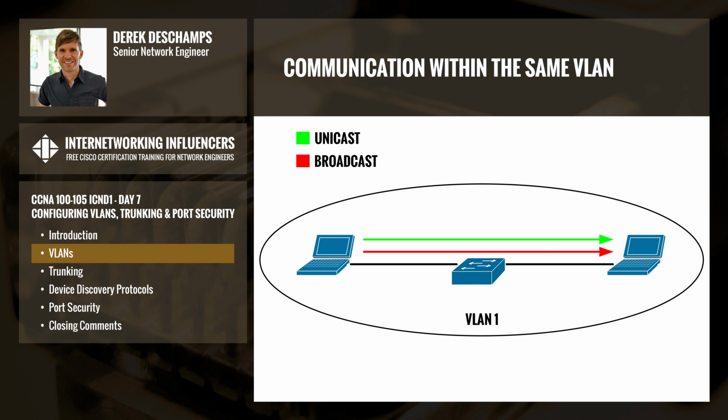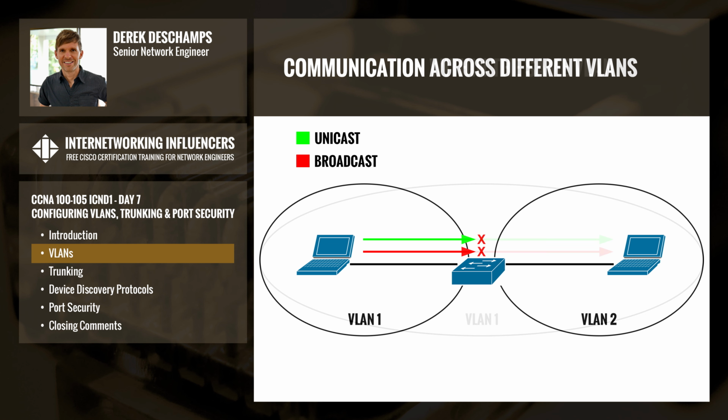Since each VLAN represents a single broadcast domain, they can also receive each other's broadcast frames. However, if two devices are connected to a switch and on different VLANs, they are separated at layer 2, in separate broadcast domains. This means they cannot communicate directly and will not receive each other's broadcast frames.